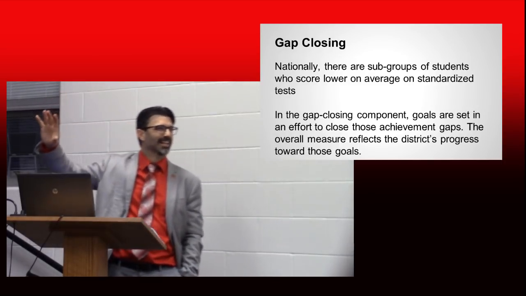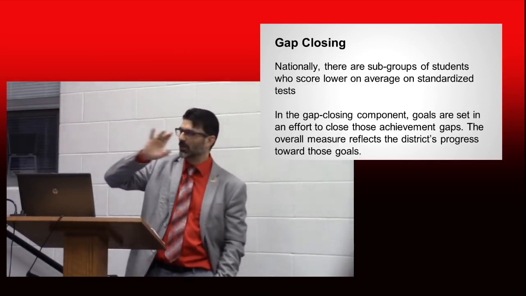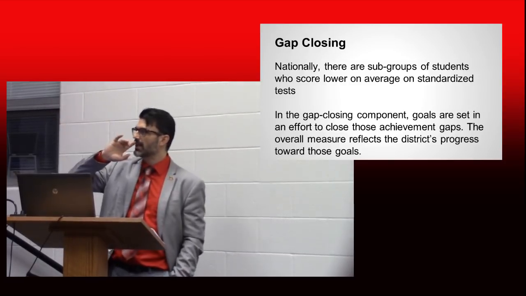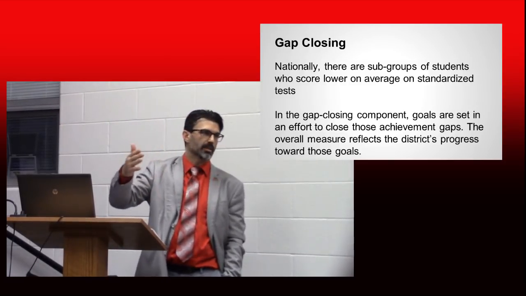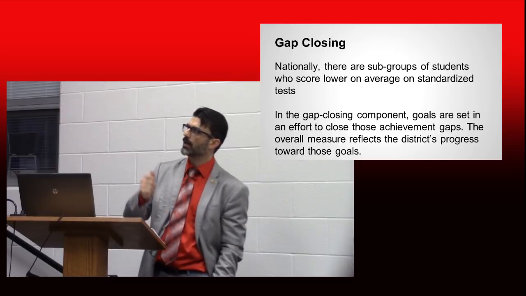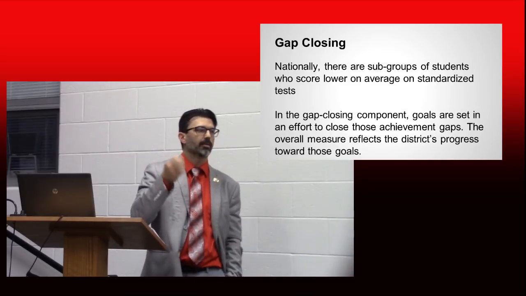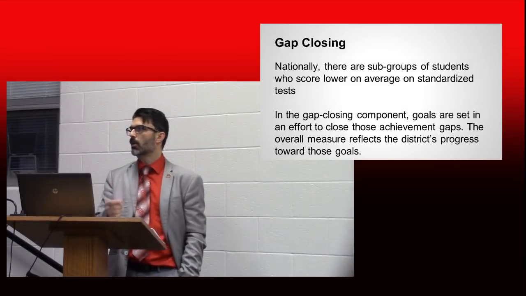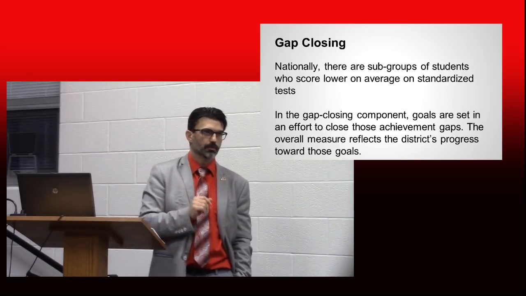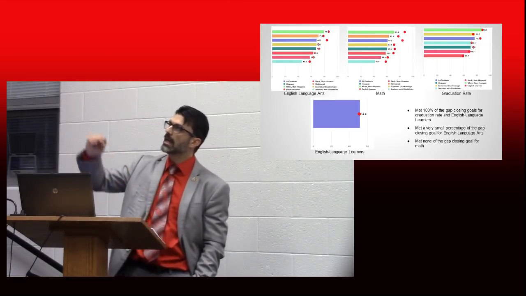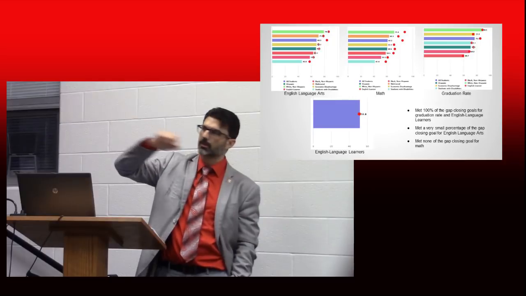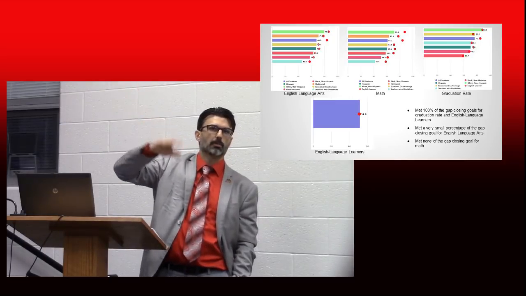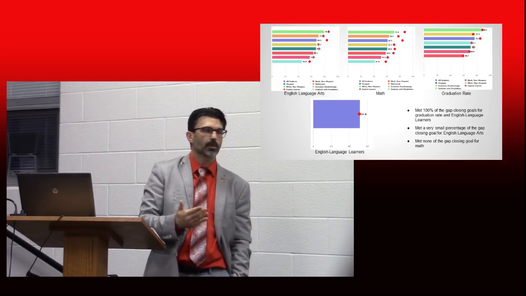This is all of our gap closing data. So let me tell you what you have here. There are 4 areas in the gap closing component. All right, there's reading, math, graduation rate, and the progress of English language learners. So in each one of those graphs, each colored bar represents a different subgroup. Okay.